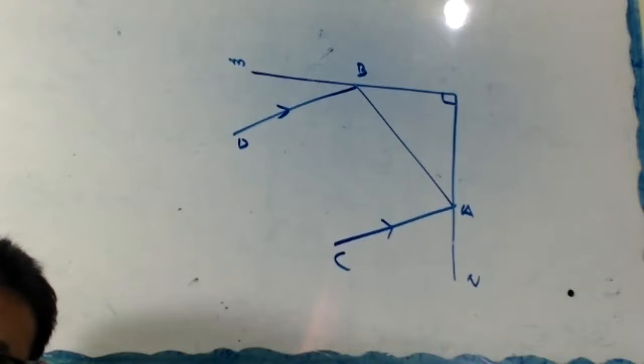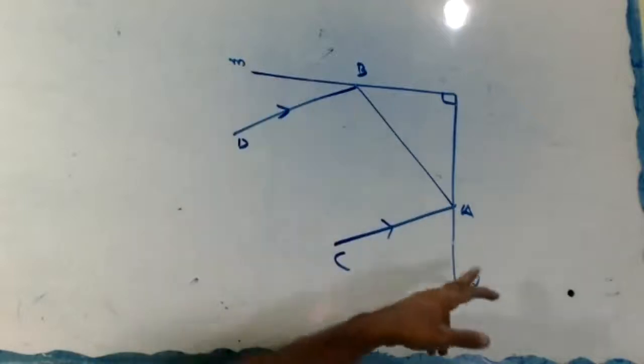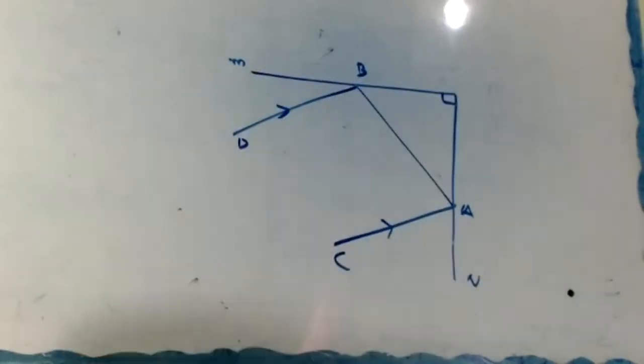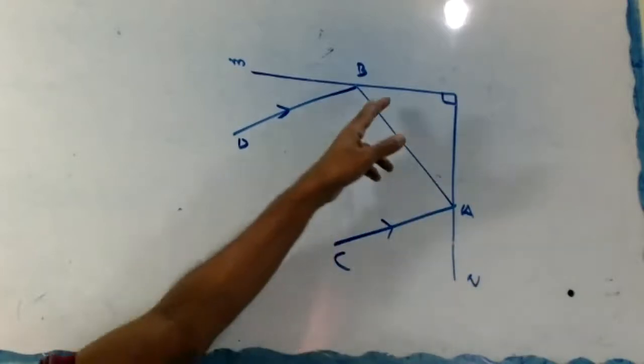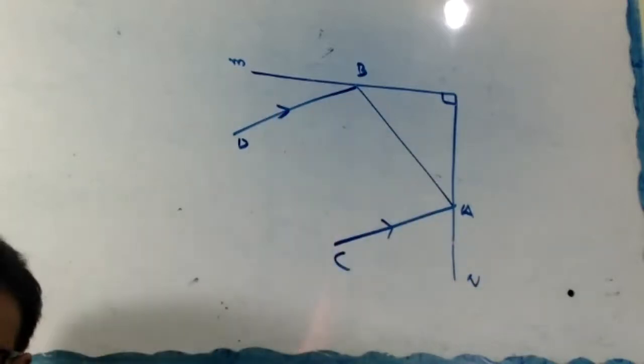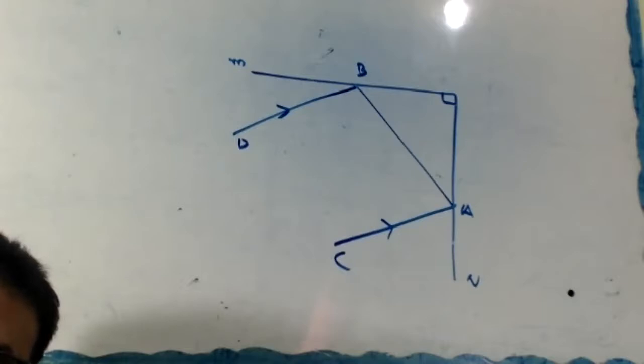Question, listen here. M and N are two perpendicular mirrors. Show that CA is parallel to BD. That's the question. You did one question with the parallel mirrors. That is a regular question.